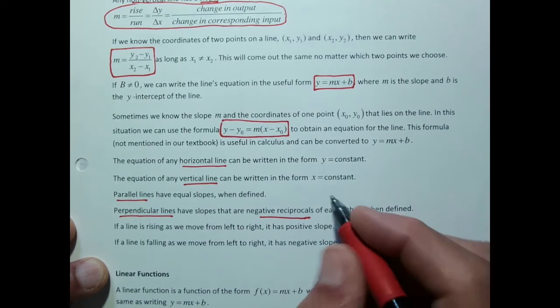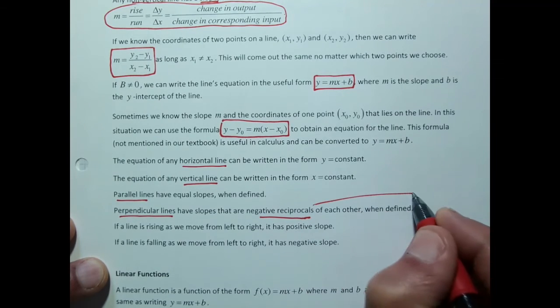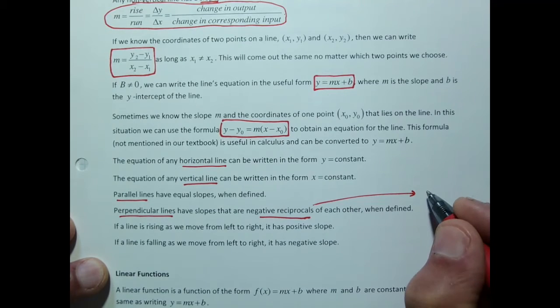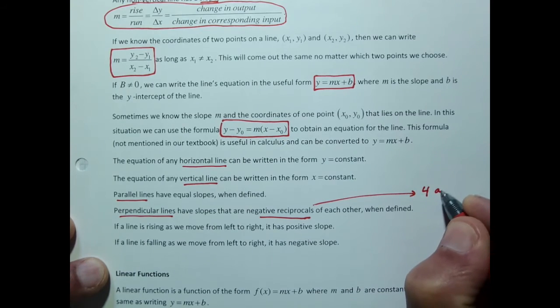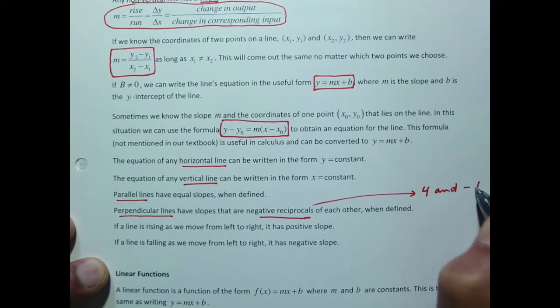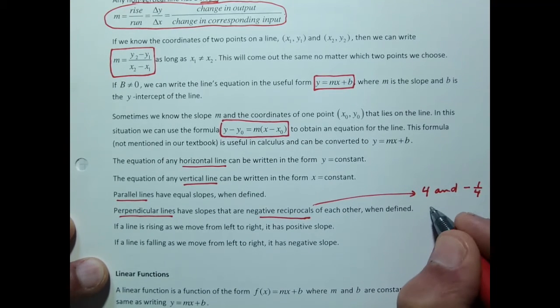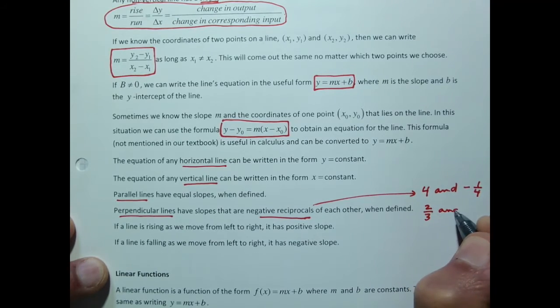And so what does this idea of negative reciprocal mean? Let's just look at an example. If I had maybe 4 and negative 1/4, those two numbers are negative reciprocals of each other. Or another example might be 2/3 and negative 3/2.